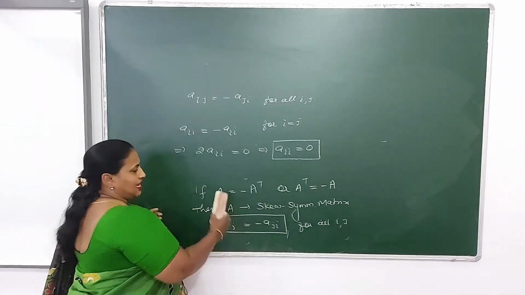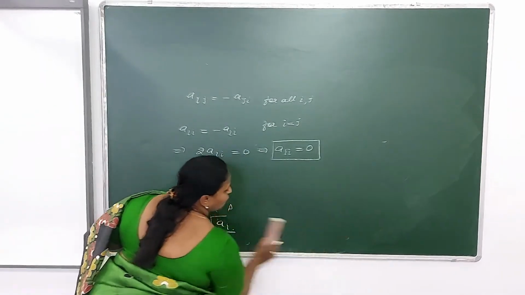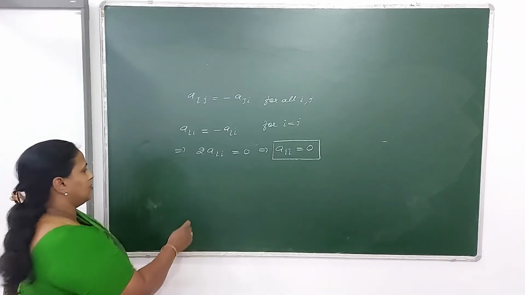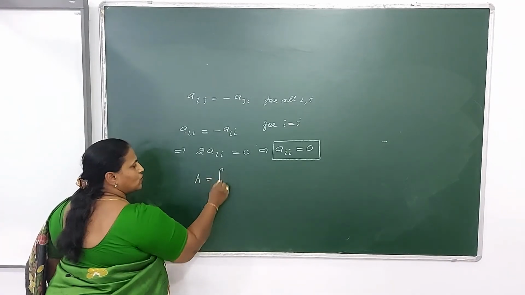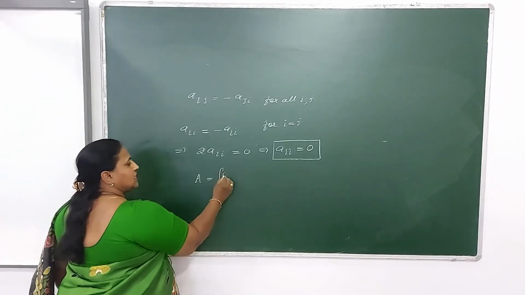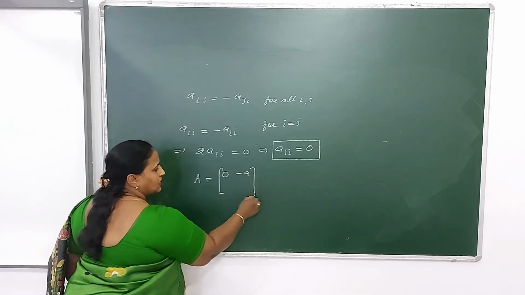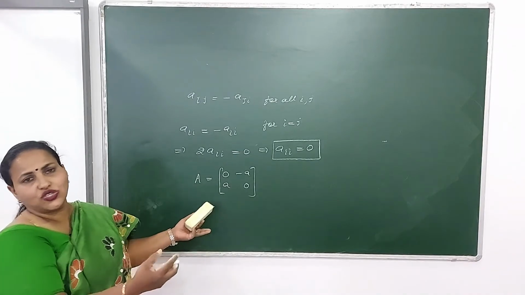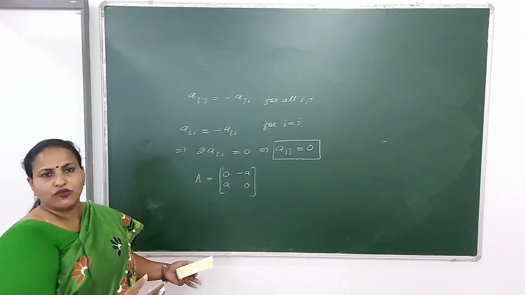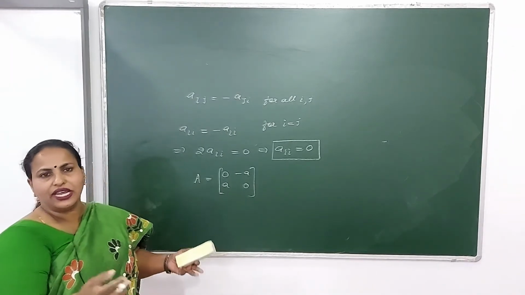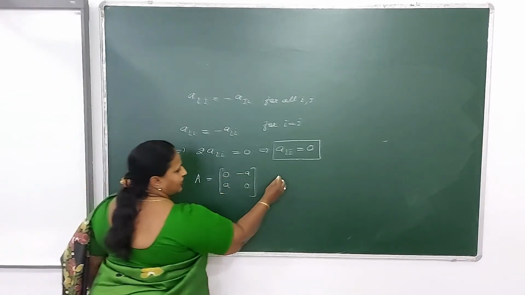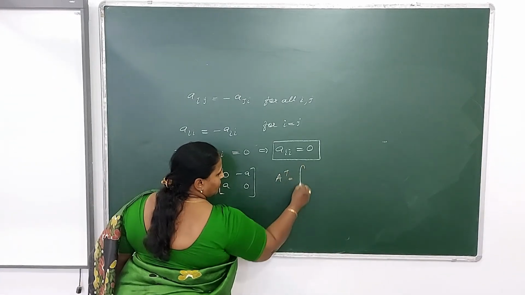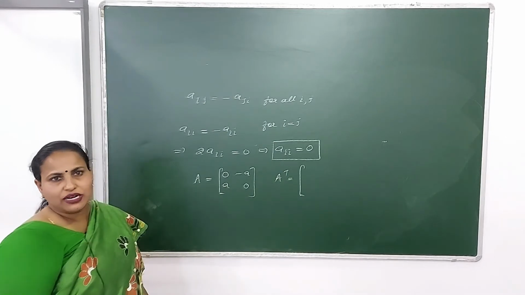Now let us see an example for skew symmetric matrix. A is equal to 0, minus a; a, 0. Let us check whether it is skew symmetric or not. For checking, you will find A transpose. How to write down the transpose of this matrix?